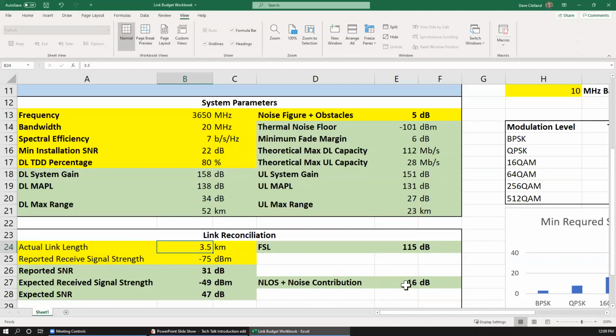I don't know what it is at this point, but I know that my numbers of what I'm really seeing are less than what I would expect to see at that particular point. And so this is the way that I can determine, from a mathematical standpoint anyways, very simply, what my transmission impairments are for that particular 3.5 kilometer link in this particular network.